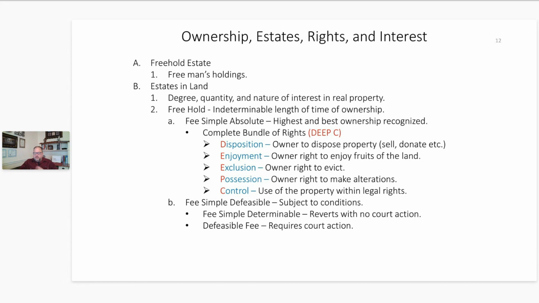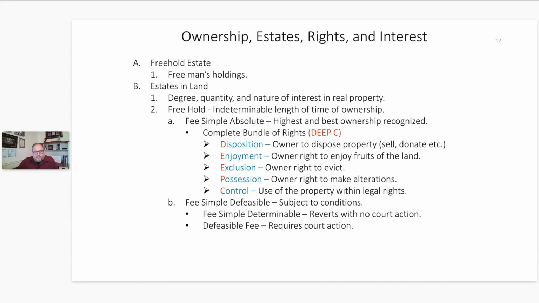If I transfer my deed to you, what am I called? Good, LaQuinta. It's called the grantor. Who is it that receives the deed? What are they called? The grantee. Perfect, Lisa.